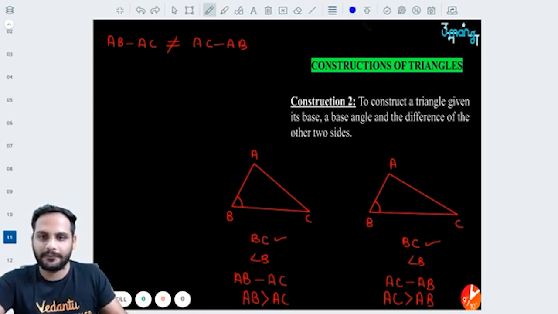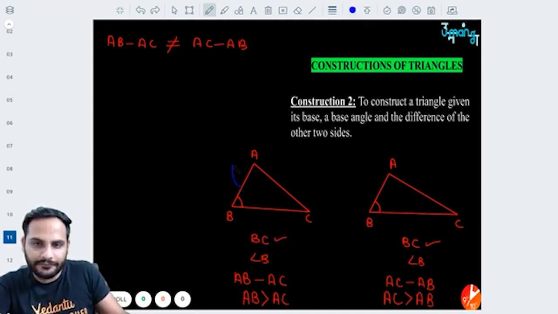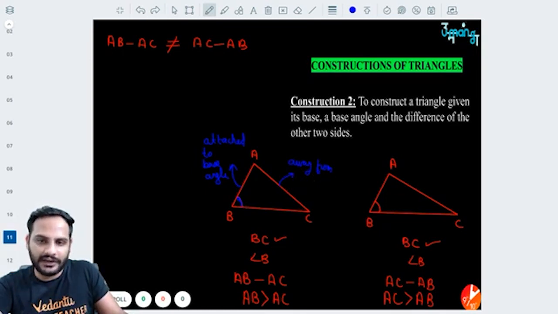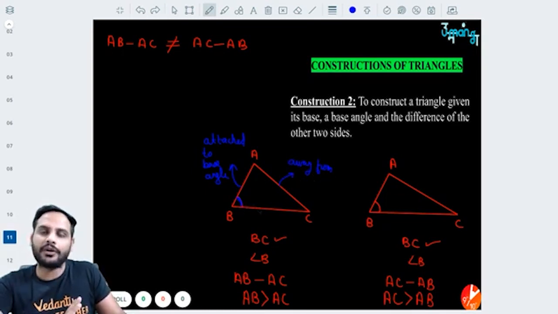Remember this: the side AB is attached to the base angle, and the side AC is away from the base angle. AB is in contact with the angle B. AC is not in contact with the given angle B.